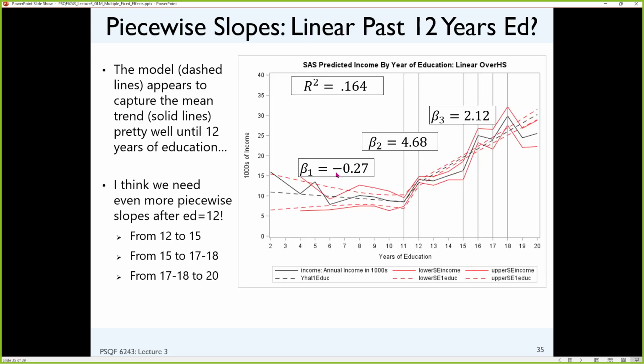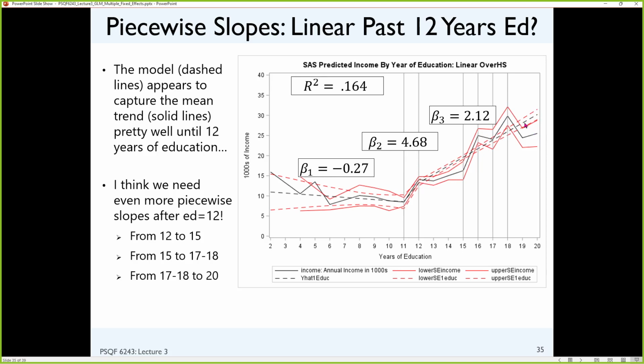So putting those slopes on the picture, this one looks okay. So it actually does look like a negative slope. This one looks okay. Now, just eyeballing these pictures, what do you think of the fit of the model predicted income that's given by these straight lines right here to the actual data that's given by the solid lines?